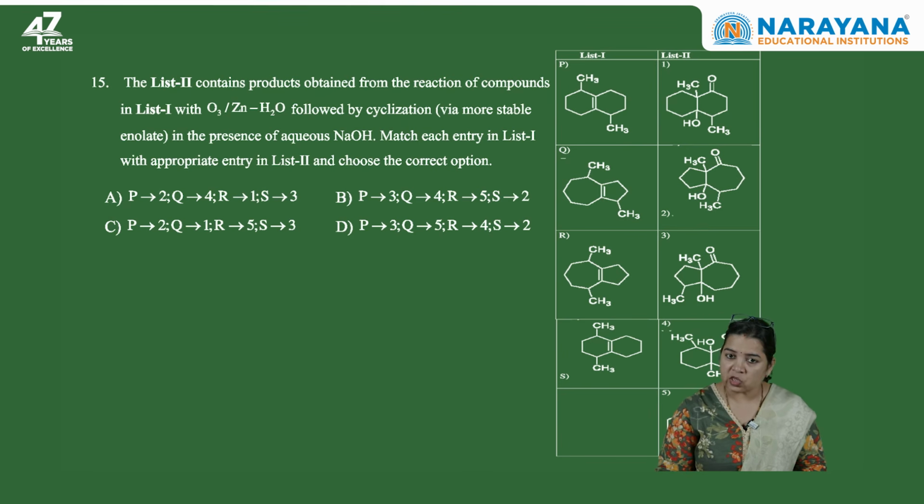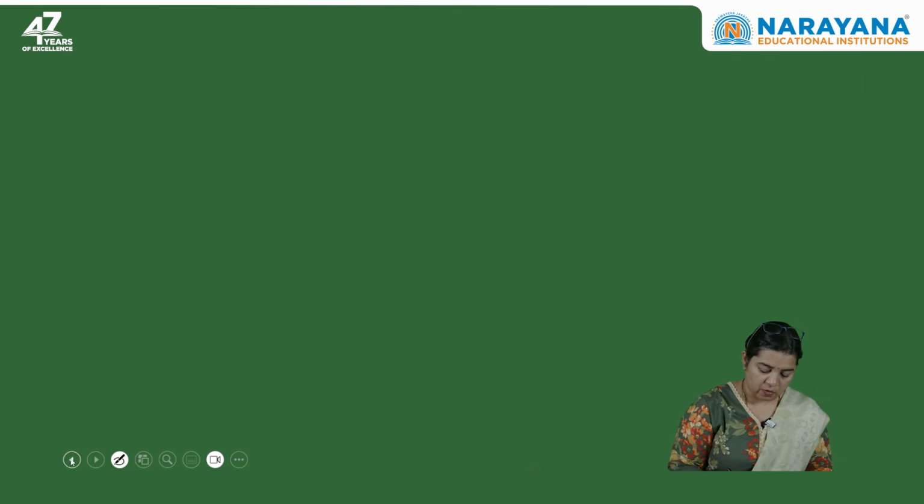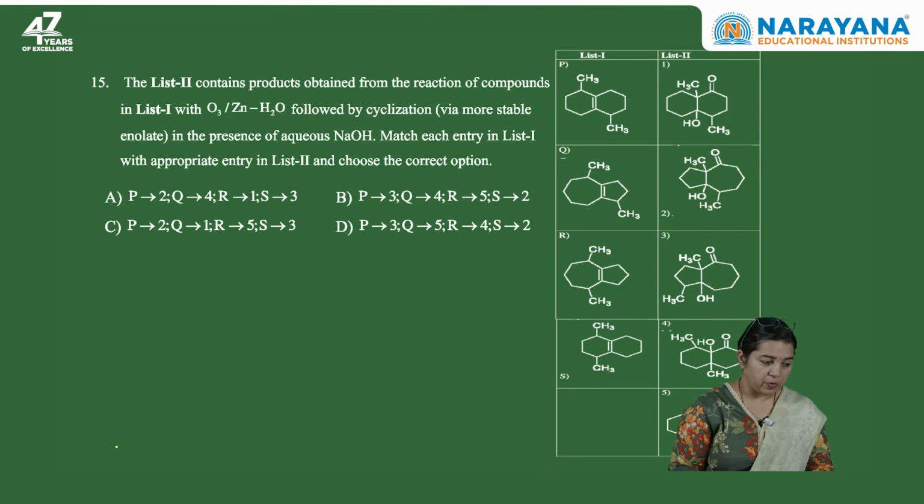Match each entry in list 1 with the appropriate entry in list 2 and choose the correct option. So we have 2 reagent sequences. Let us take one by one. So it is starting with P, Q, R, S, and on the other side we have 1, 2, 3, 4, 5.